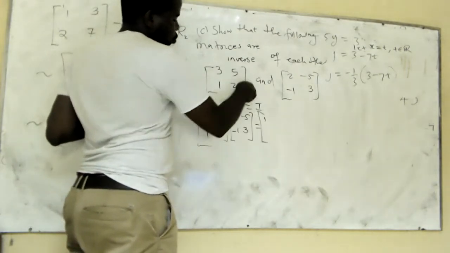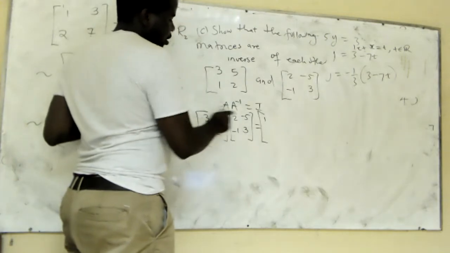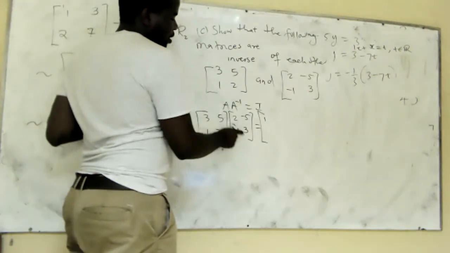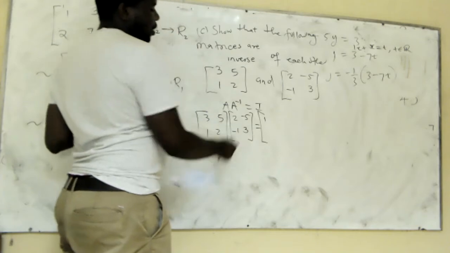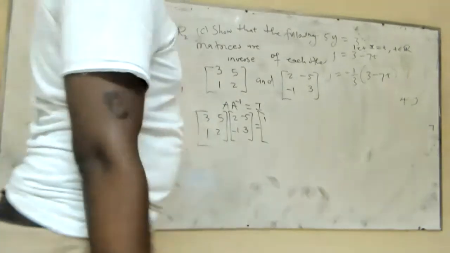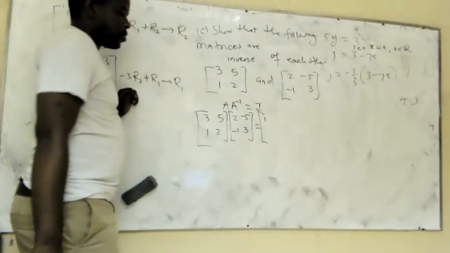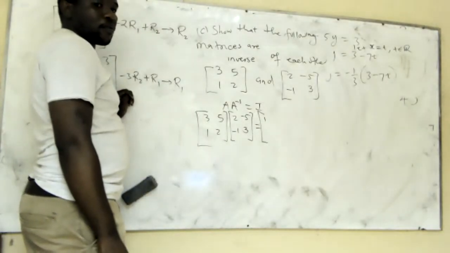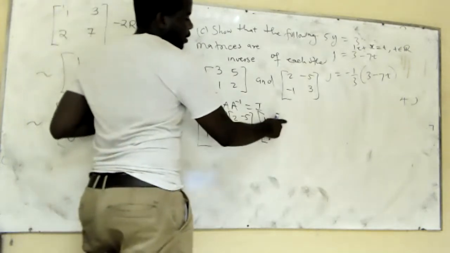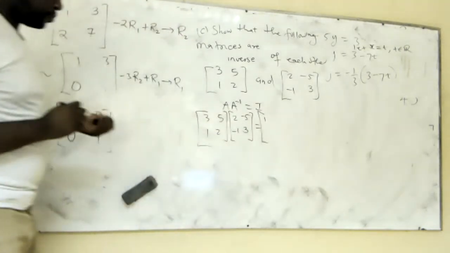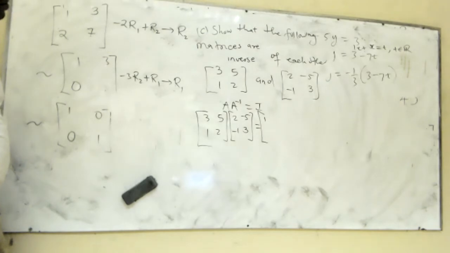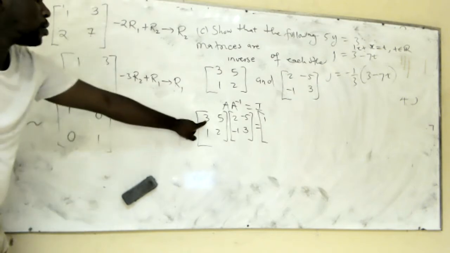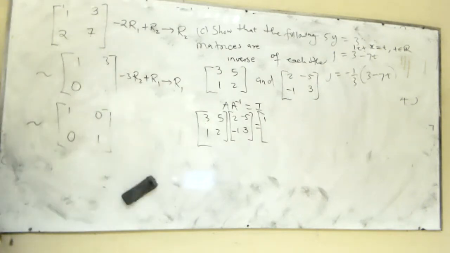And then from there we do the same. We multiply the first row with the second column. So it's going to be 3 times -5 plus 5 multiplied by 3, which is what? What is the second entry here, Mr. Ndo?